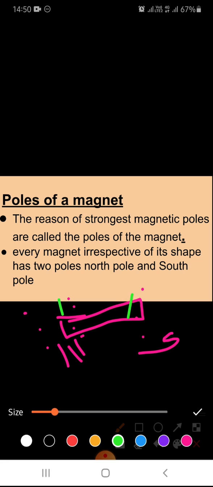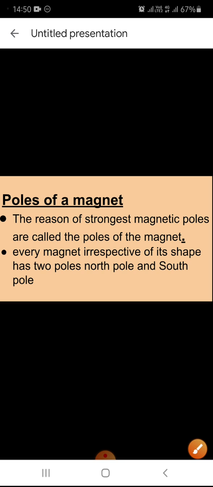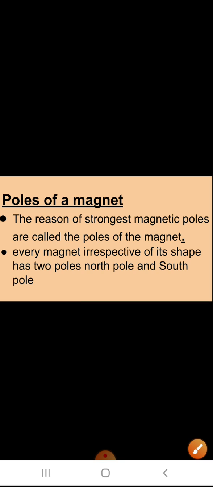So where are poles present? On the two ends of the magnet. And every magnet, irrespective of its shape, has two poles: north pole and the south pole. Whatever the shape of the magnet, it will have two poles.